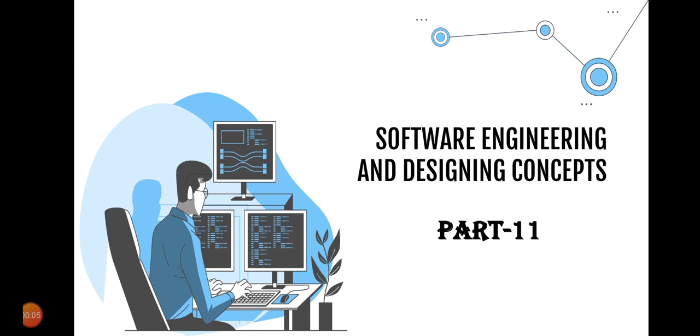In the previous session, we talked about the requirement specification and analysis phase, and in the introductory part, we discussed that there were two different components which constitute the entire phase. The first is requirement gathering and analysis, and the second is requirement specification.